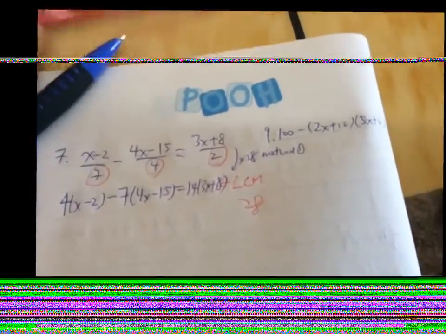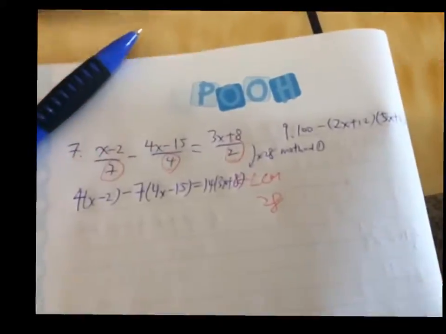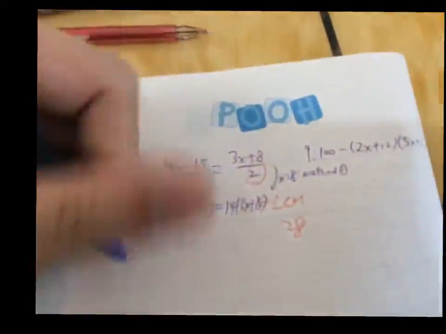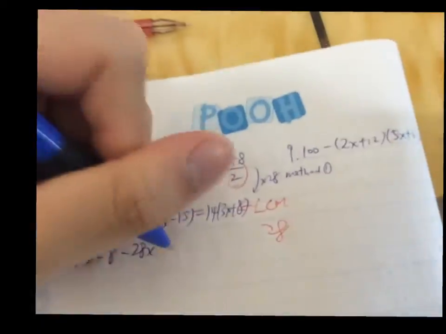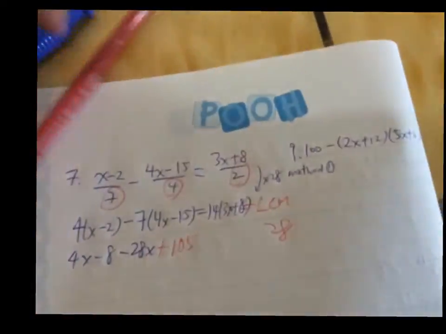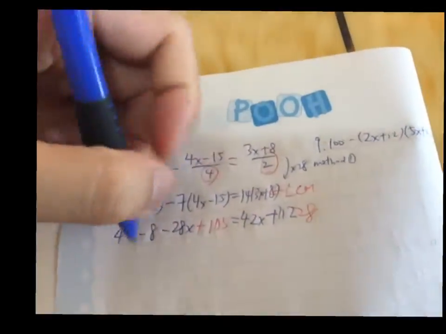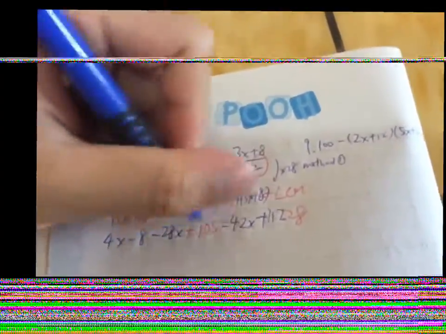And you need to bracket, of course, negative, negative, positive. Don't make this mistake. 4x minus 8 minus 28x plus 105 equal to 42x plus 112. Okay, so you can simplify the left hand side first.